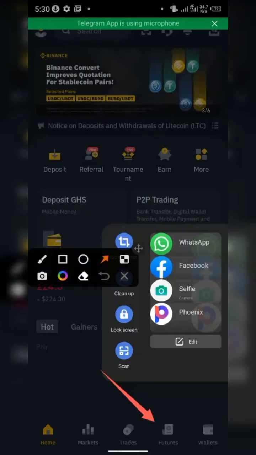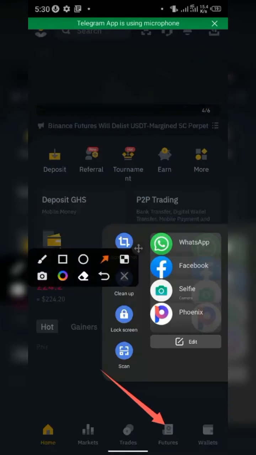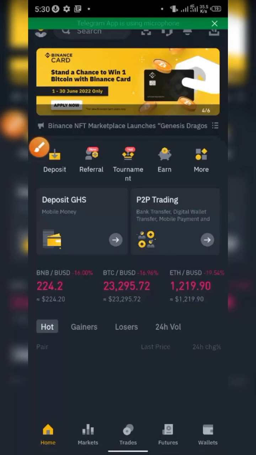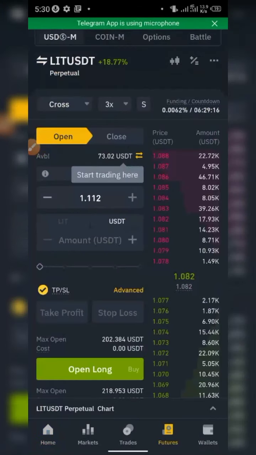You click on futures here. Then you have to set your trading page to hedge mode. You have to set it to hedge mode.